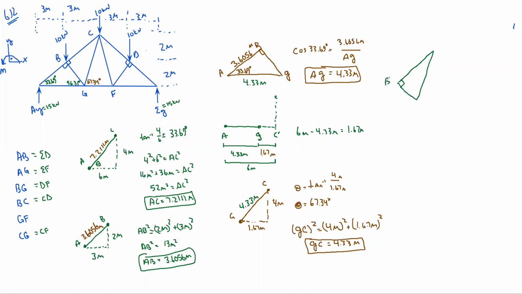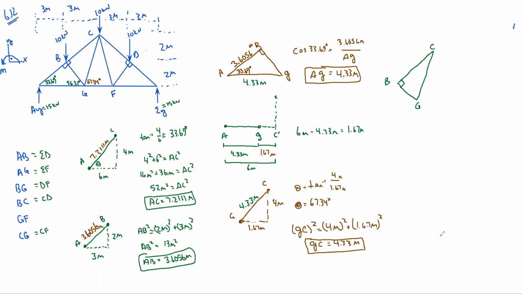So B, C, G. I have a couple pieces of information. I know that BC is, how did I get that?